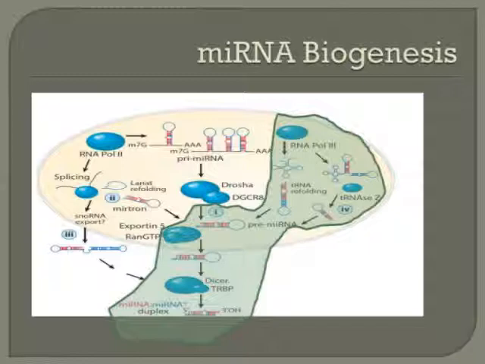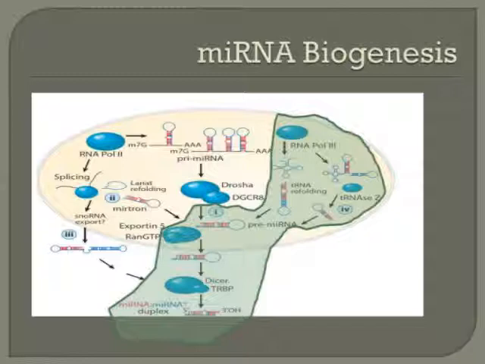The primary microRNA consists of a 5' tRNA structure. This is then cleaved by an enzyme called tRNase Z in the nucleus, which produces the precursor microRNA, and the precursor microRNA is again transported to the cytoplasm by exportin 5.